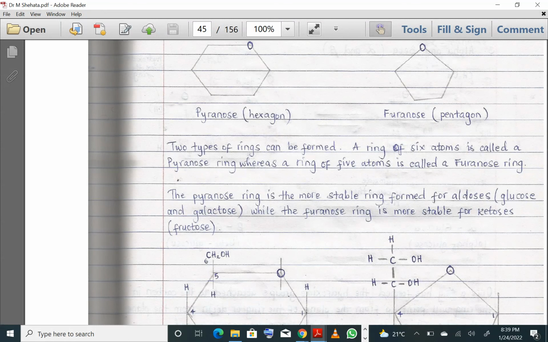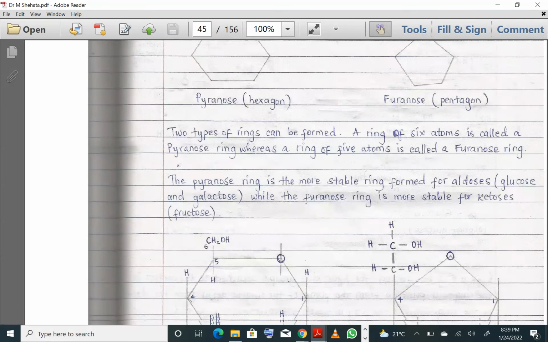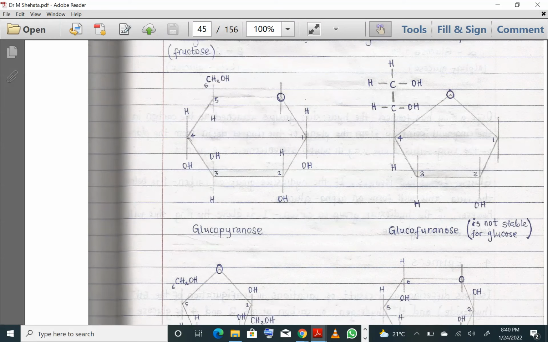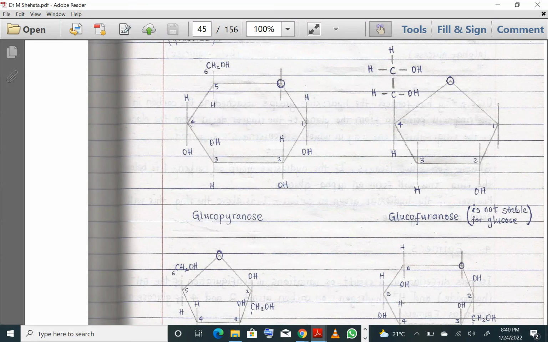A ring of 6 atoms is called a pyranose ring, whereas a ring of 5 atoms is called a furanose ring. A pyranose ring is more stable, so it's the most stable ring formed for aldehydes, which is glucose and galactose. That's basically mentioning what I had talked about. So you see glucopyranose.